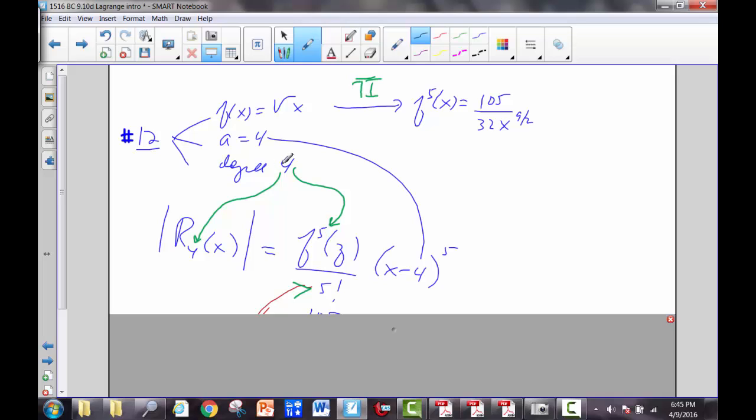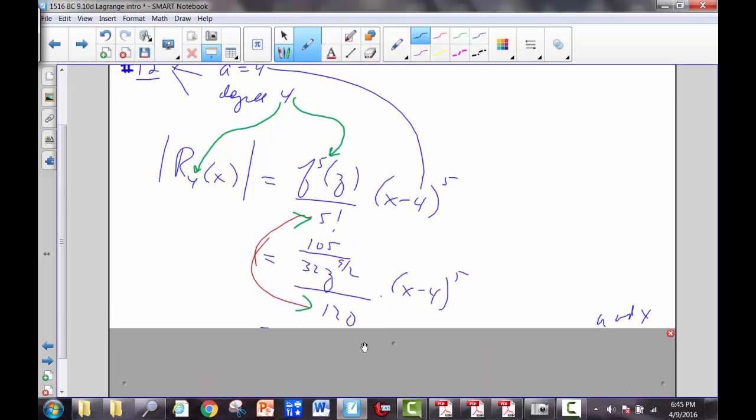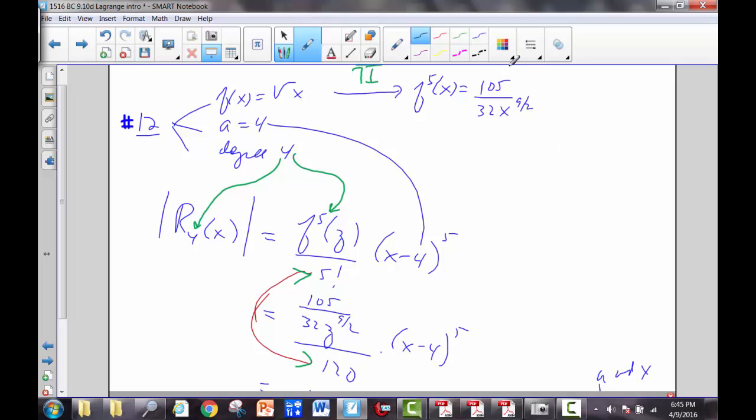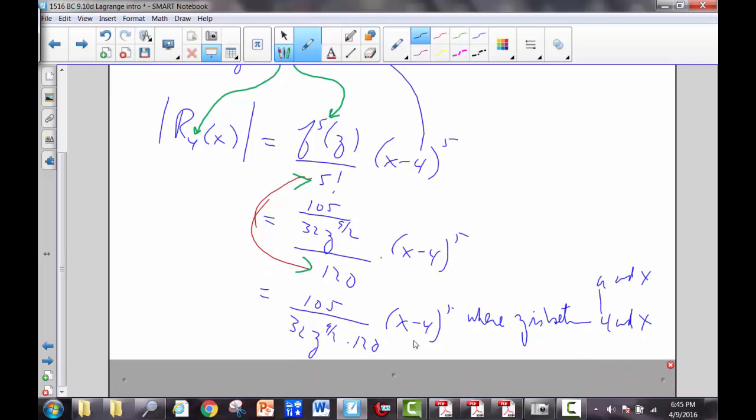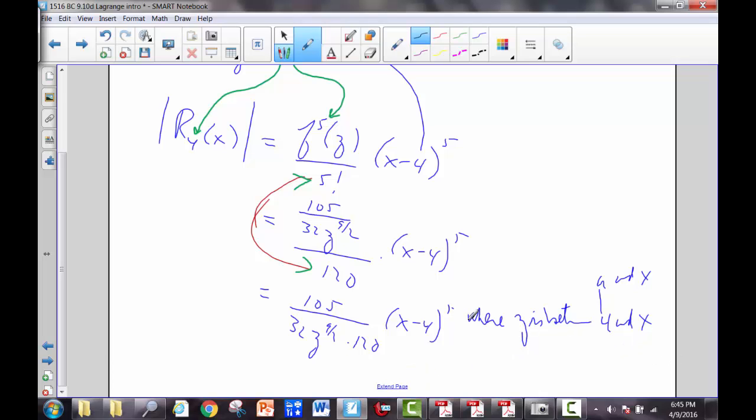The maximum error, if we use the first 4 terms, will be the 5th derivative at z over 5 factorial times x minus 4 to the 5th, because it's a Taylor here. Therefore, for the 5th derivative at z, I'll take this expression, replace x by z, and turn it into a single fraction. Z is between a and x, which in this case is 4 and x, but I don't know what x is. And so that's as far as I can go.